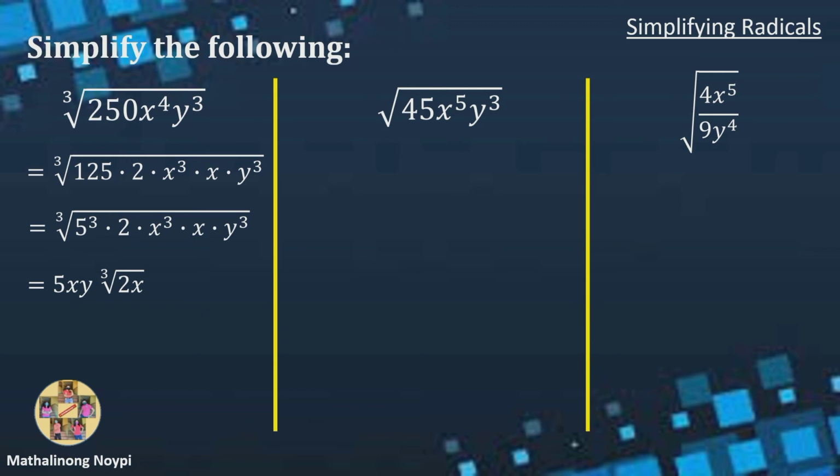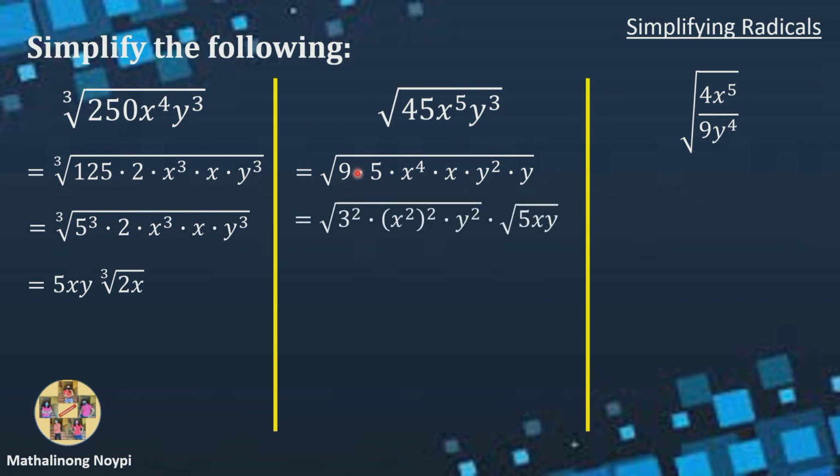So the second example is 45x to the 5th power y cubed. So parang parehas nung una nating example, i-breakdown natin ang radicand. So we have 9 times 5, that is equal to 45. x to the 5th power is equal to x squared times x, and y cubed is equal to y squared times y.